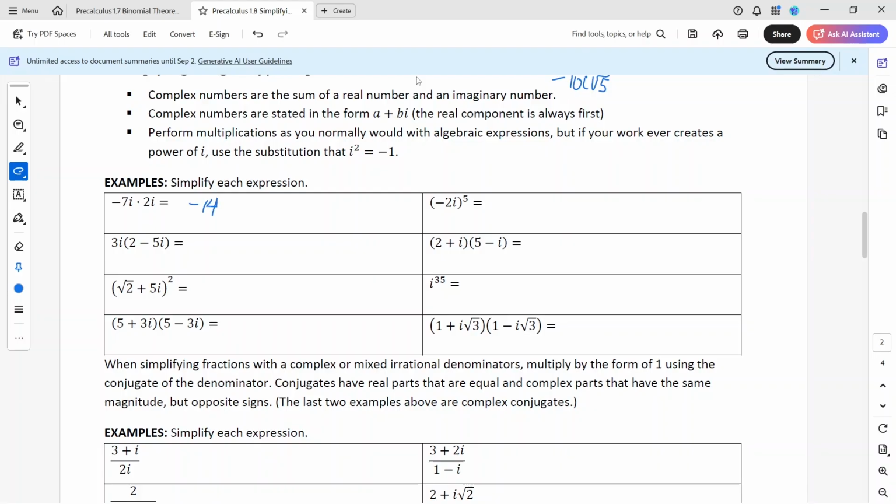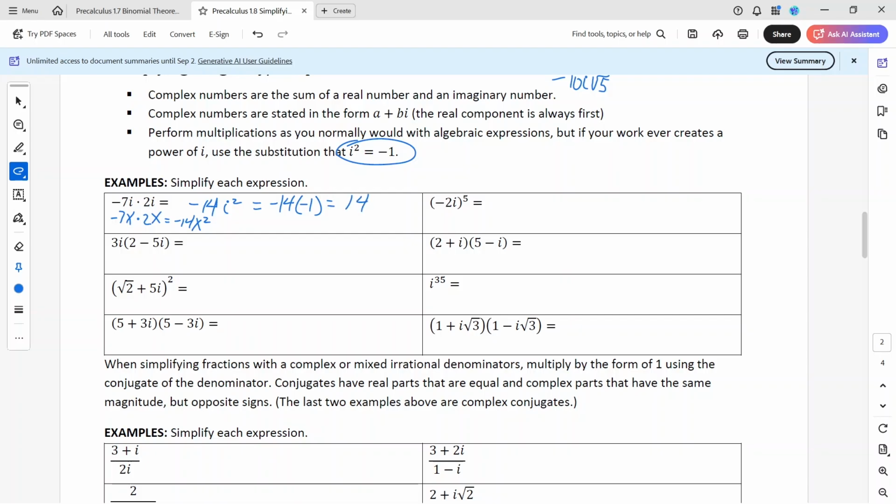But i times i is an i squared. Please notice that that's the same principle as negative 7x times 2x, which would be negative 14x squared. The only difference is that if I ever see an i squared, it has a specific numerical value. Therefore, this is like negative 14 times negative 1, which is equal to positive 14.